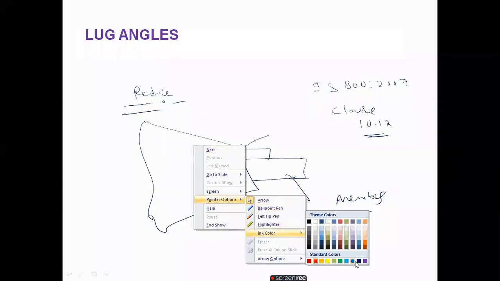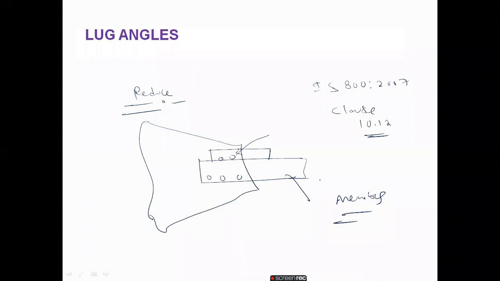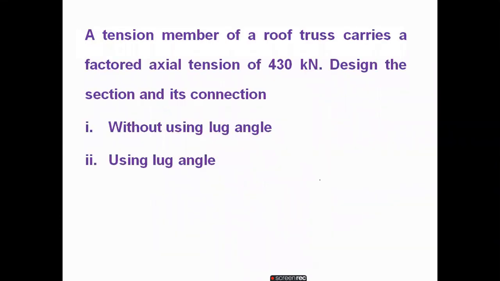Next, the problem: a tension member of a roof truss carries a factored axial tension of 430 kilonewton. We have to design the section and its connection. There are two conditions, without using lug angles and using lug angles, and using these we have to solve our problem.